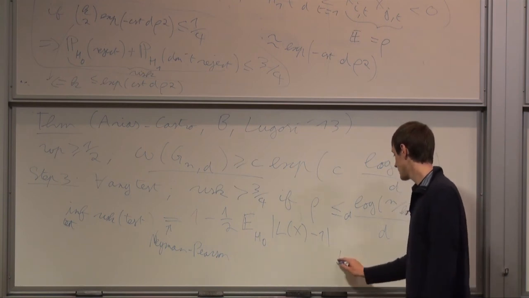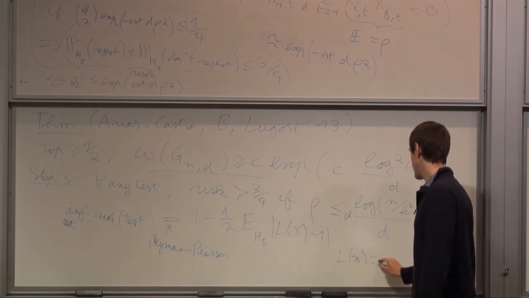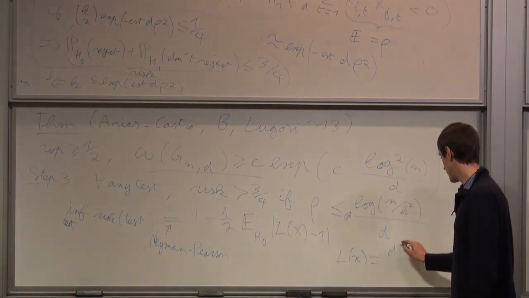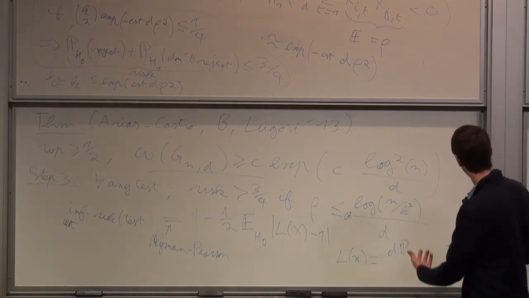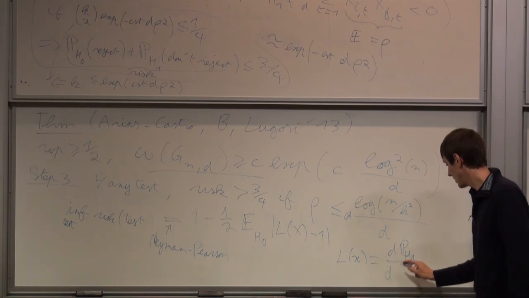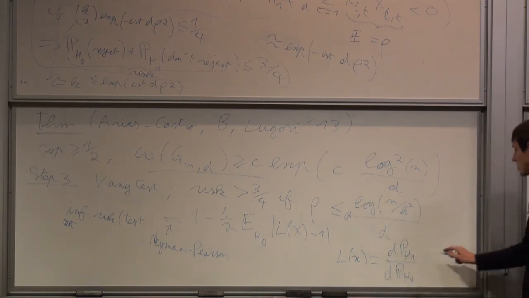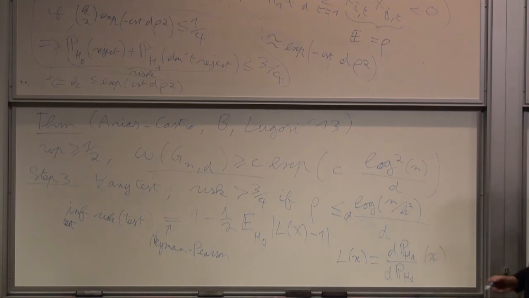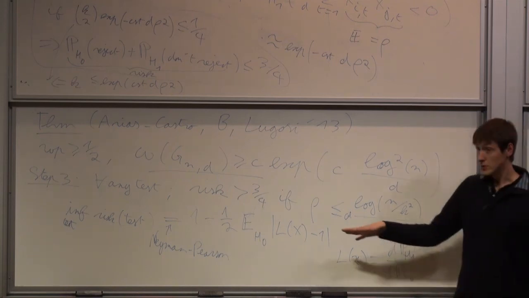So L of x is just a Radon-Nikodym derivative of the probability distribution under the alternative with respect to the probability distribution under the null of your observation at x. Okay, so that's an equality.